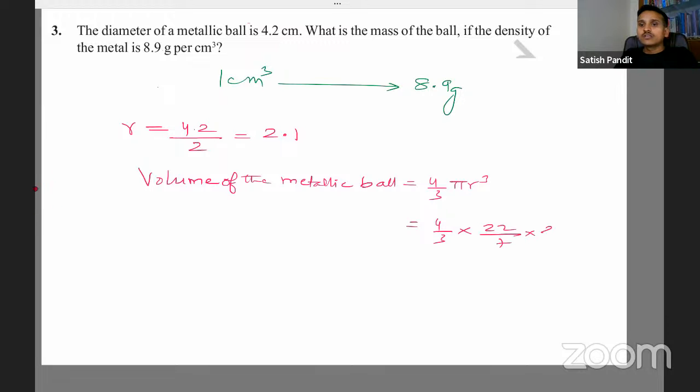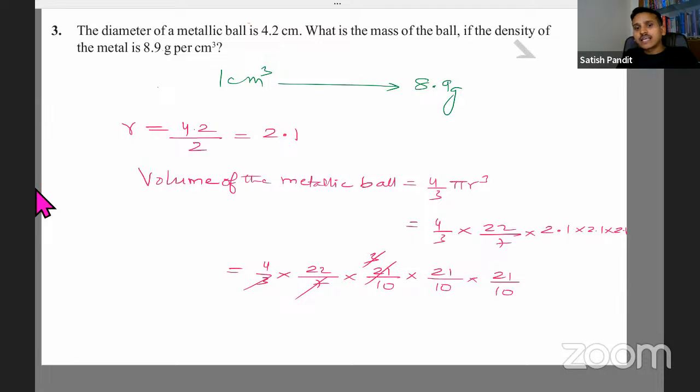R is 2.1 into 2.1 into 2.1. So I can write this as 4 by 3 into 22 by 7 into 21 by 10 into 21 by 10 into 21 by 10. See, 7 3s are 21, 3 gets cancelled.